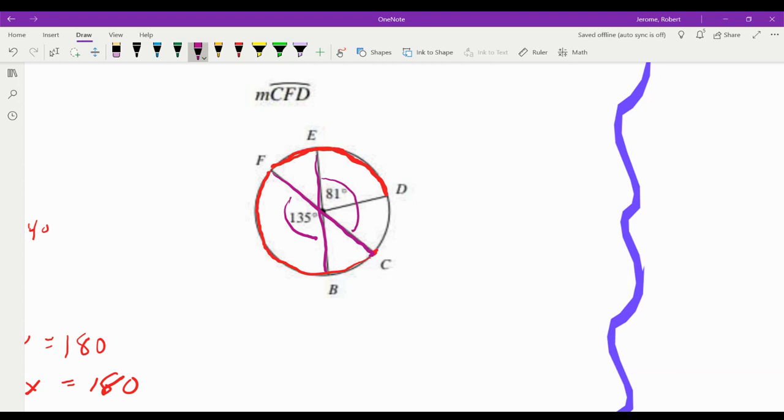So that means, think about this. 135 is equal to 81 plus the X. So now we can find out that slice, that little angle, which is the same as that arc. So 135 minus 81 is 54.